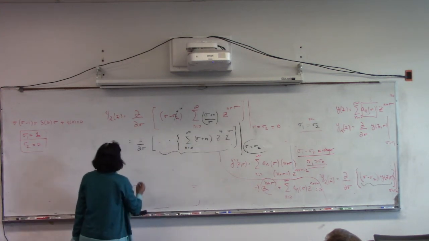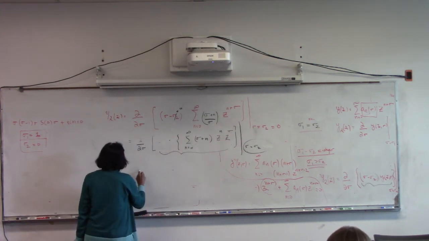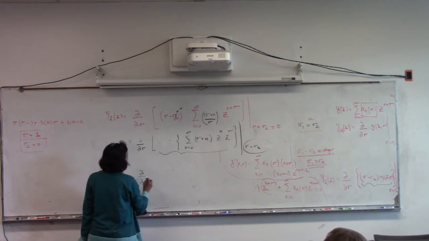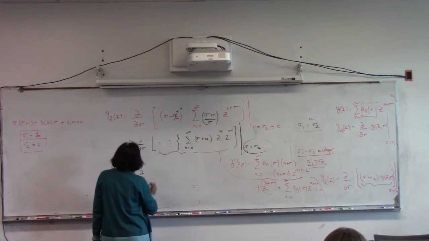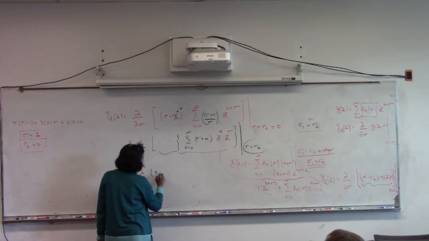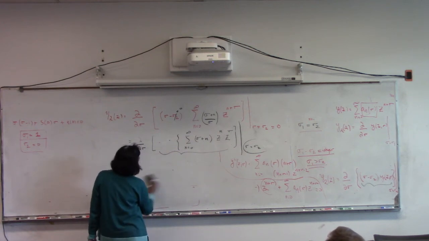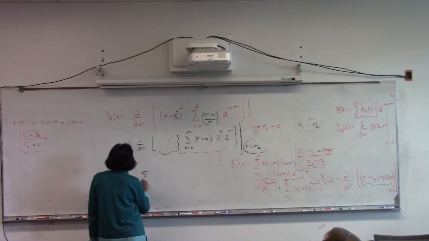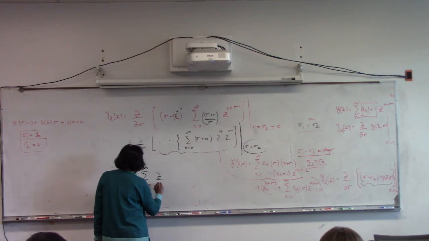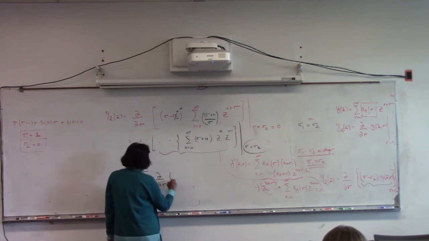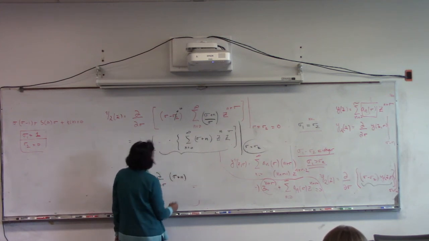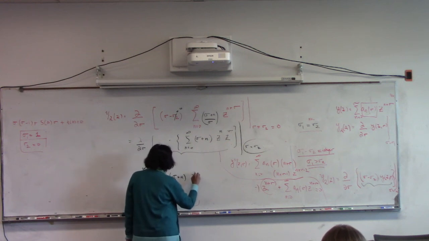So I have the partial with respect to sigma of this term of sigma plus n. Oh, I can take the partial inside. Let me just take this, n going from 0 to infinity, and I'm taking the partial with respect to this term first, okay? And the other one I'm keeping as such.